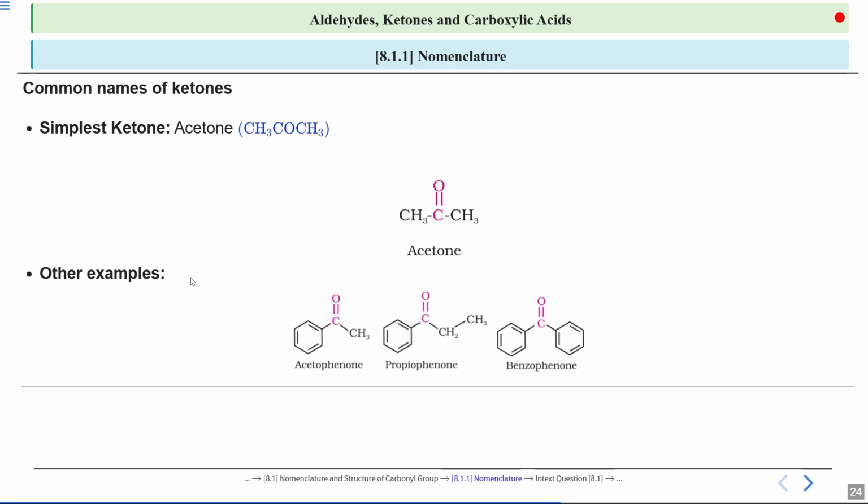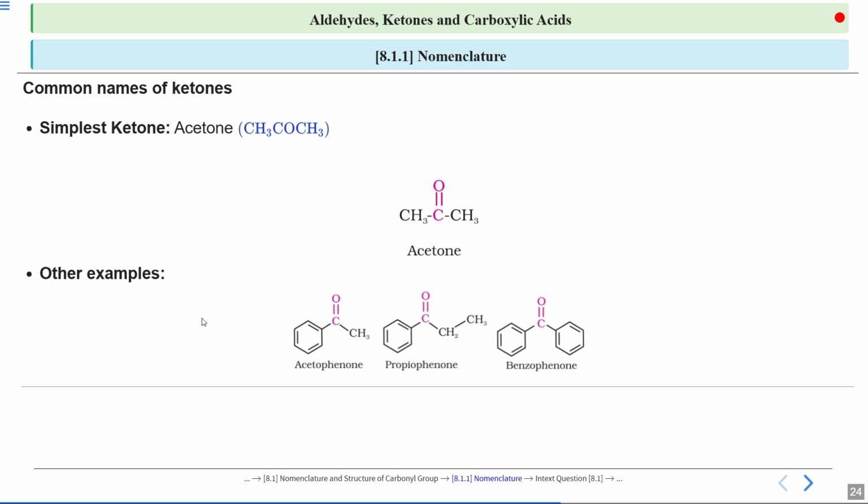if you see these other examples, this is acetophenone. One side you have an alkyl group, and the other side is a phenyl group. So how do you write the name of such ketones, which are alkyl phenyl ketones?